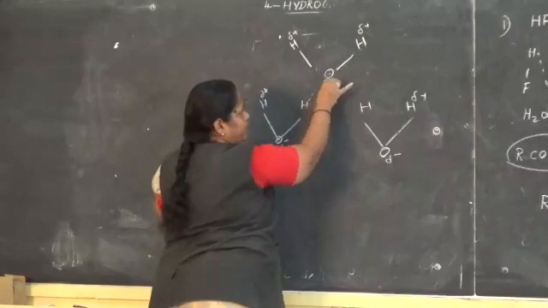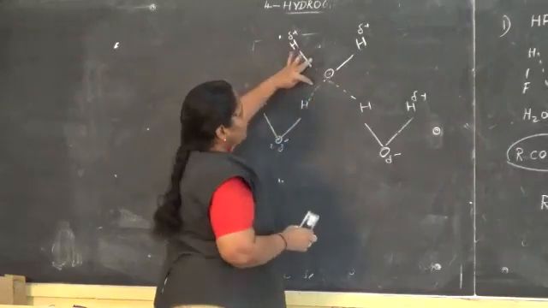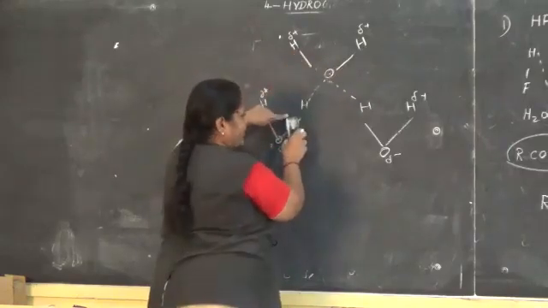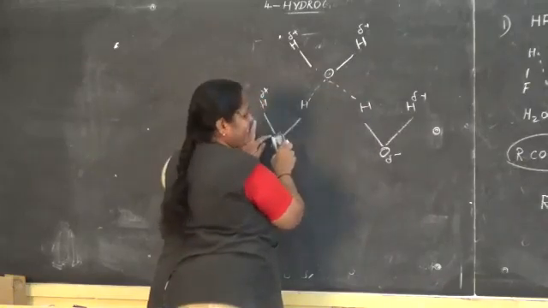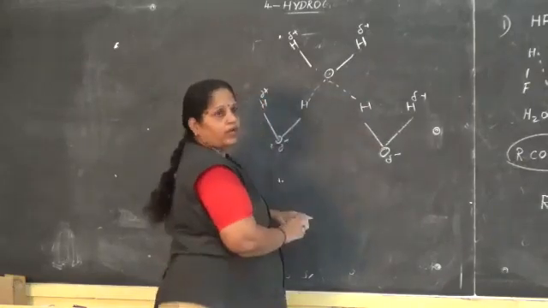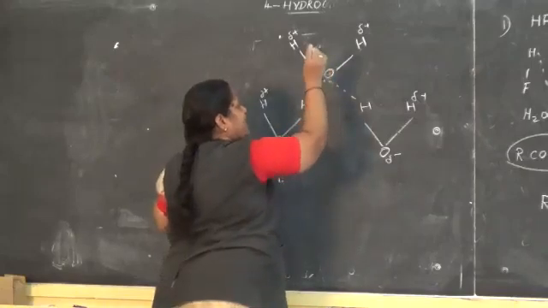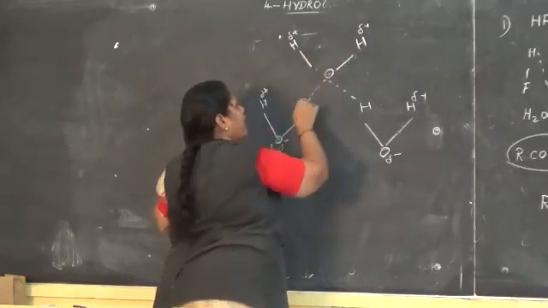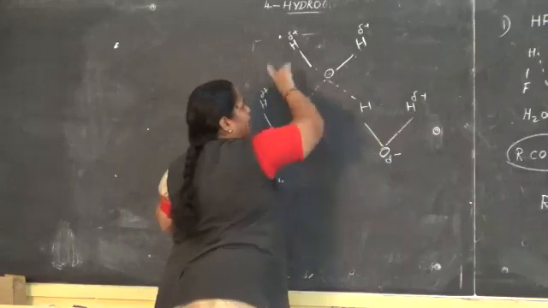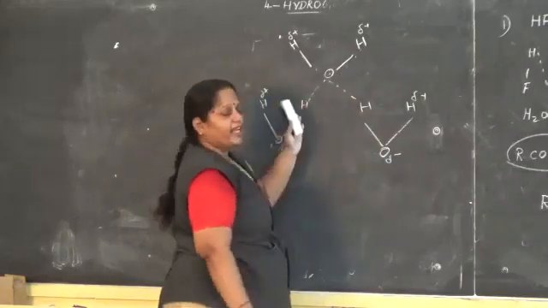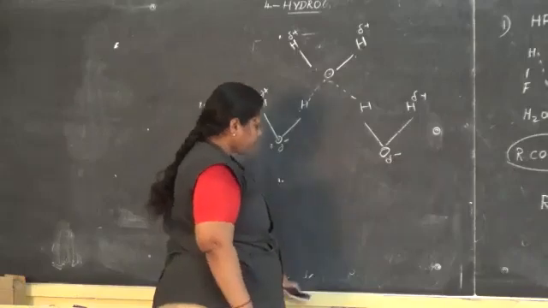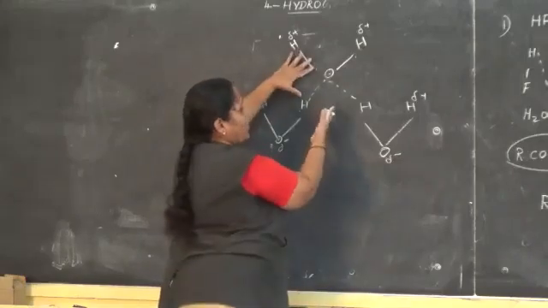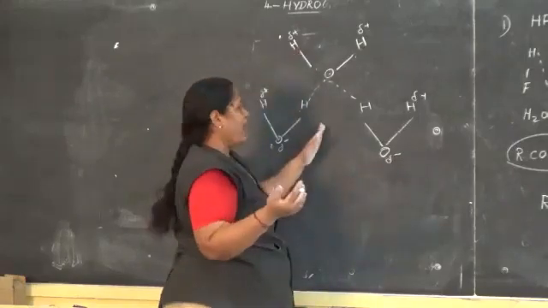This is 1, this is 1. So 2 hydrogen bonds with 2 hydrogen atoms present in 2 water molecules, from which we can understand that each oxygen atom is surrounded tetrahedrally by 4 water molecules. That's why water also exists in the form of ice.